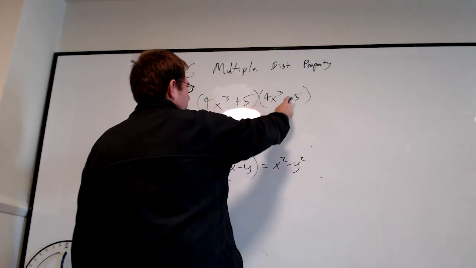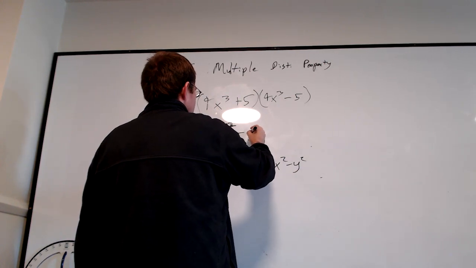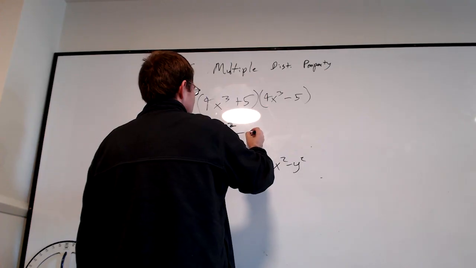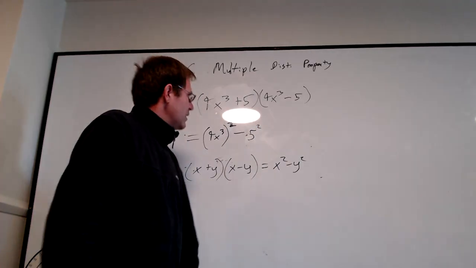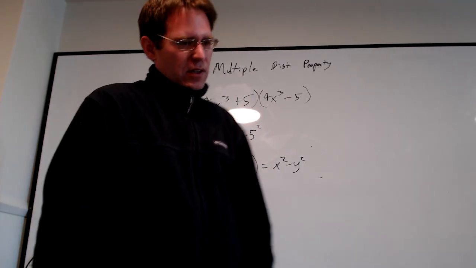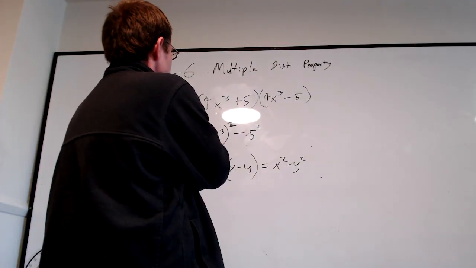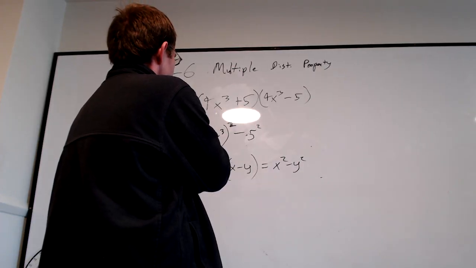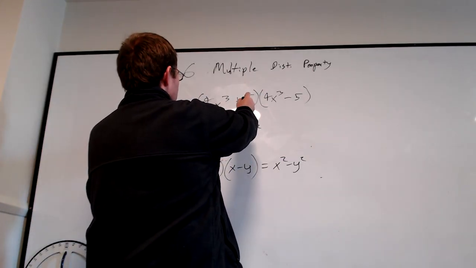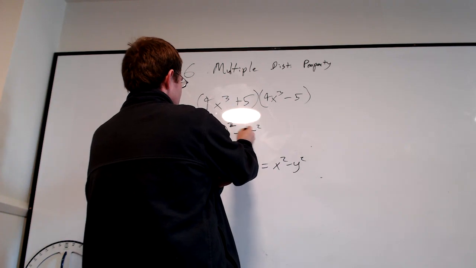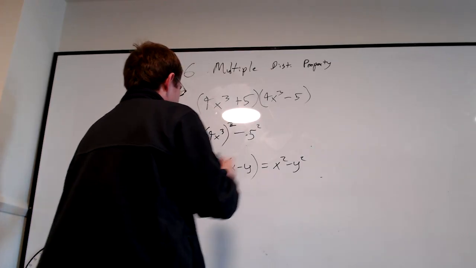So y would be our 5, so it's minus our positive 5 squared.